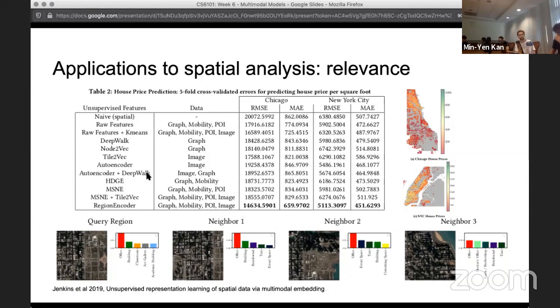It's very interesting to see that even though there are some of the other modes they talk about that use all the data, they don't do nearly as well. You can see their method has much lower mean average error and root mean squared error. It's the rightmost column, at least in the Chicago setting, and works much better.